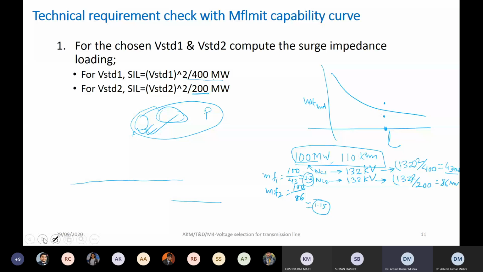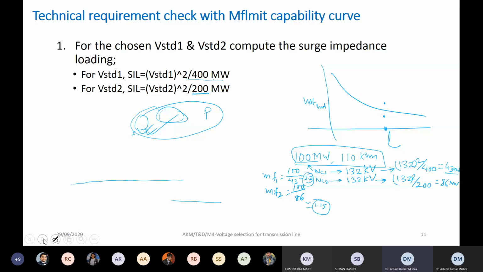So as I have summarized here, it is possible that, as we have calculated the multiplying factor and checked for stability, out of these two, V standard 1 and V standard 2, only one can pass and another fail, or both of these could pass, or none of these could pass.